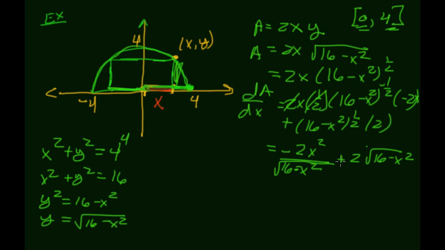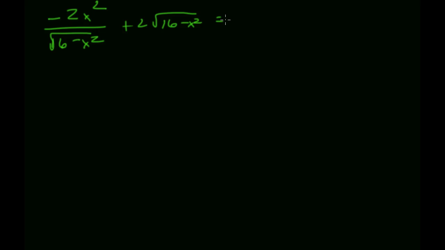Okay, so that gives me that. So let's hold that thought and set that thing equal to 0. So let's get a little extra room here. Where we left on the last screen was negative 2x squared over the square root of 16 minus x squared, plus 2 times the square root of 16 minus x squared is equal to 0. Well, let's bring that over there.